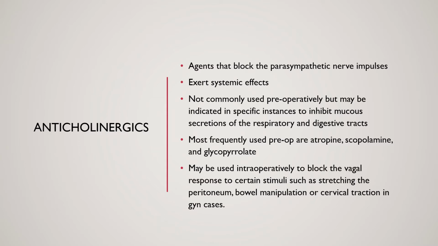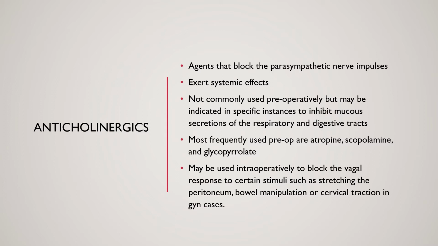Okay, the anticholinergics. These are agents that block the parasympathetic nerve impulses. They exert systemic effects. They're not commonly used preoperatively, but they may be indicated in specific instances to inhibit mucus secretions of the respiratory and digestive tracts. And remember, that is because we don't want any kind of aspiration.